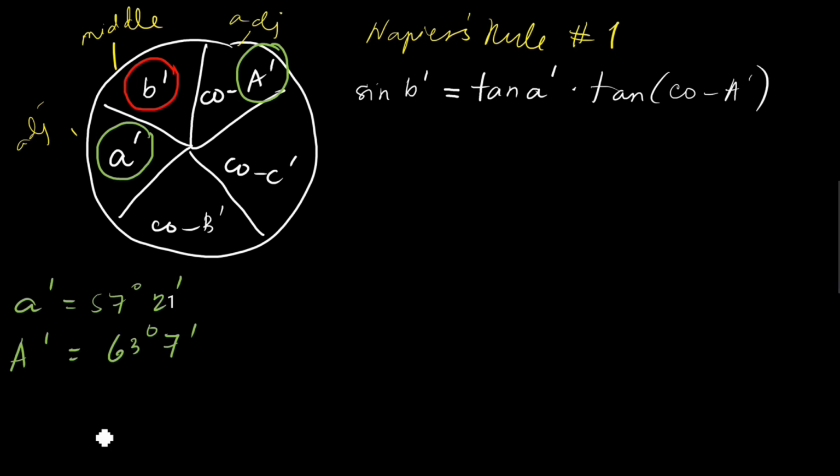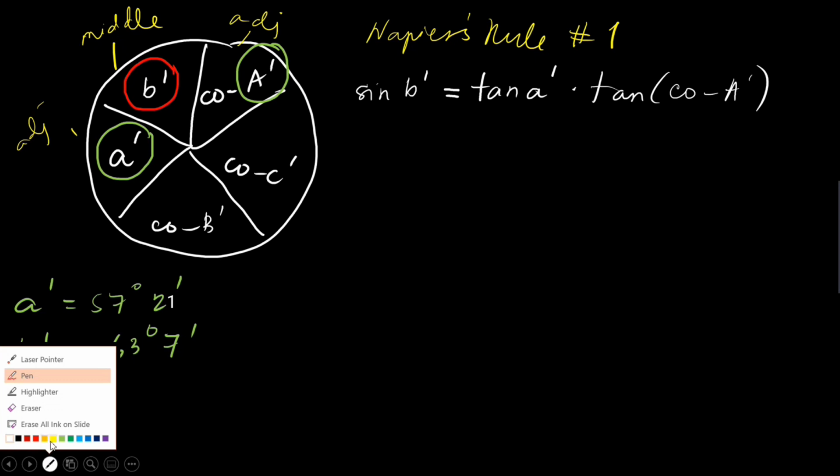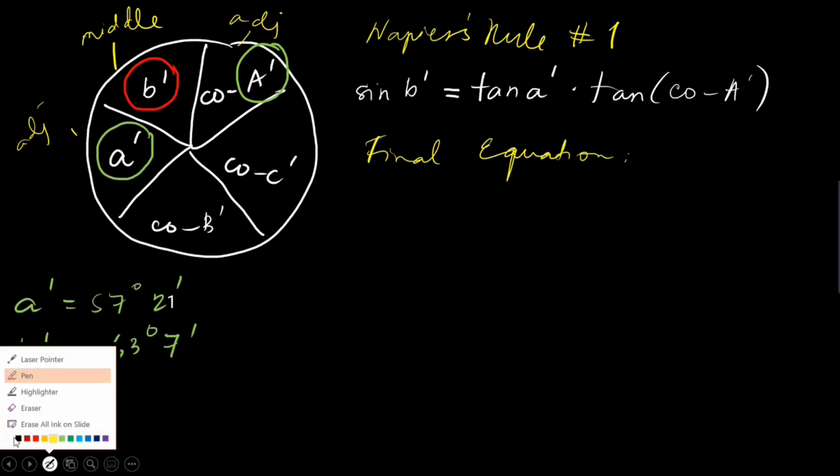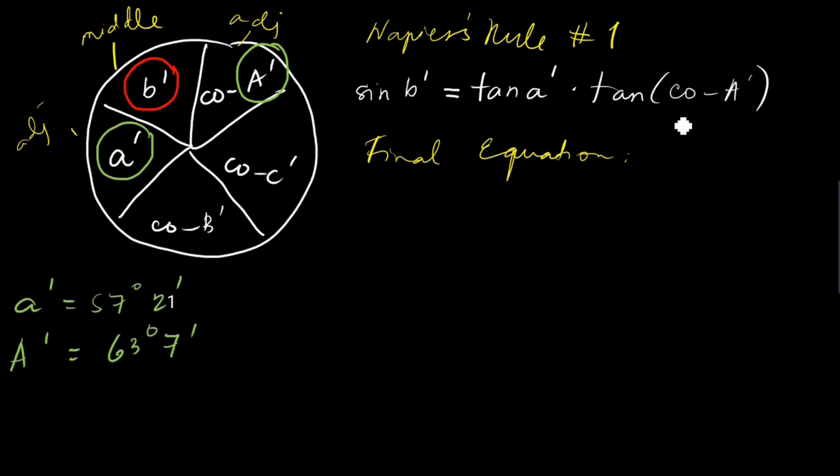Okay. Next, let us have the final equation. Remember, we need to replace the co. So sine B prime, just copy it because it doesn't have the co. Then sine B prime equals tangent a prime times.